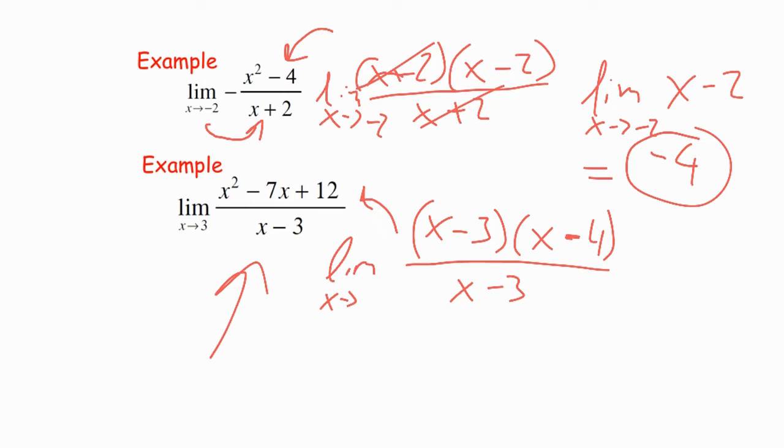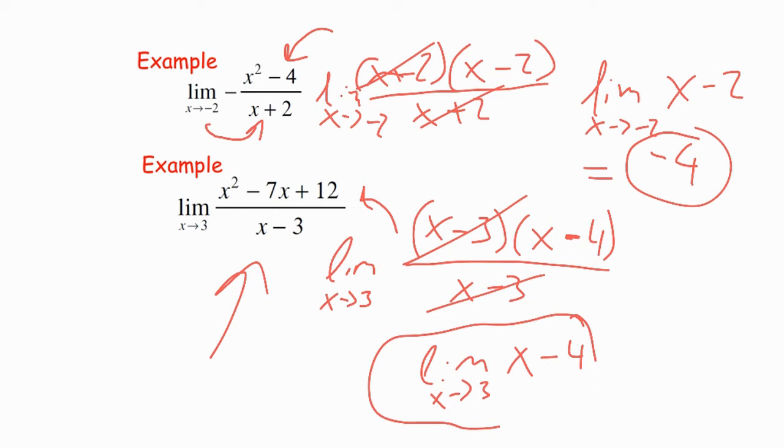Should have put that also in while I paused the video. Alrighty, so x minus 3's cancel, leaving you with a limit of x minus 4, which ends up giving you, I'm going to put an equal sign, -1. That's the answer.